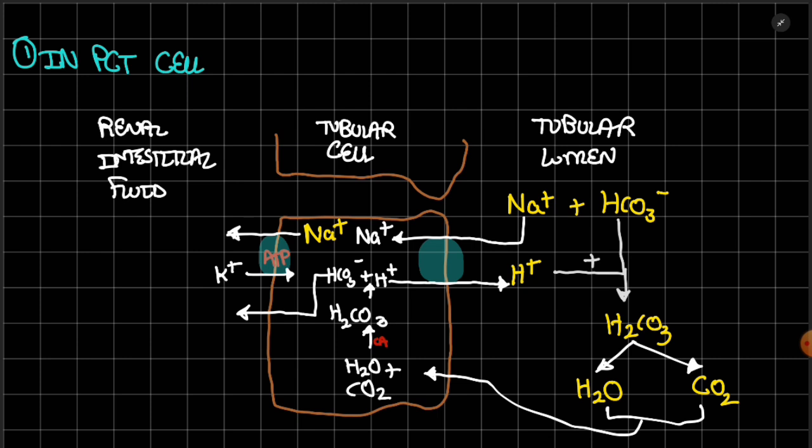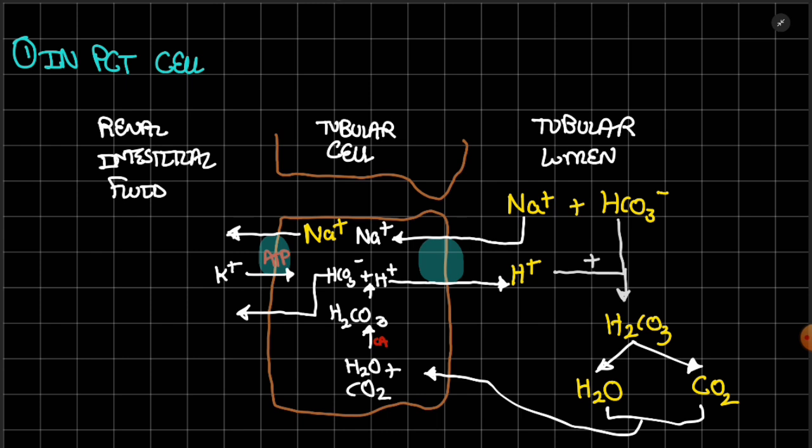The HCO3 first combines with H plus, which has come out with the help of the Na-H pump. This H2CO3 will further dissociate and go into the tubular cell. In the tubular cell, with the help of carbonic anhydrase, it is converted into H2CO3. This H2CO3 further dissociates into H plus and HCO3 minus. Then this H plus will be secreted into the tubular lumen in return for Na plus, and this HCO3 minus is passively reabsorbed.